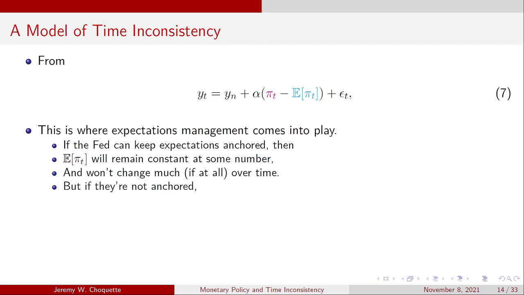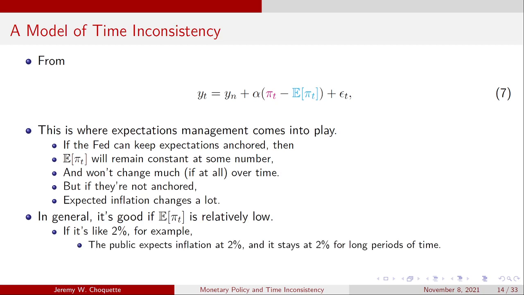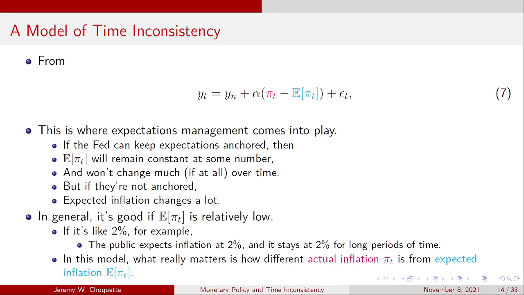But if they're not anchored, then expected inflation changes a lot. Now, in general, it's good if expected inflation is relatively low, and it's also good if it's stable. So let's say it's 2%, for example. The public expects inflation at 2%, and it stays at 2% for fairly long periods of time. In this model, what really matters is how different actual inflation is from expected inflation.